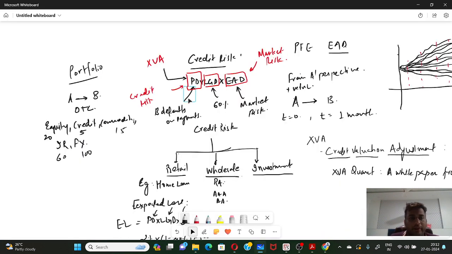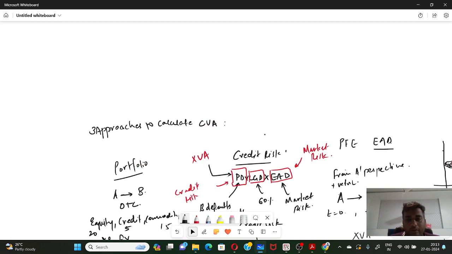Let's come back here. There are three approaches to calculate CVA. We look at these one by one, but currently we just list it down. What are the three approaches?